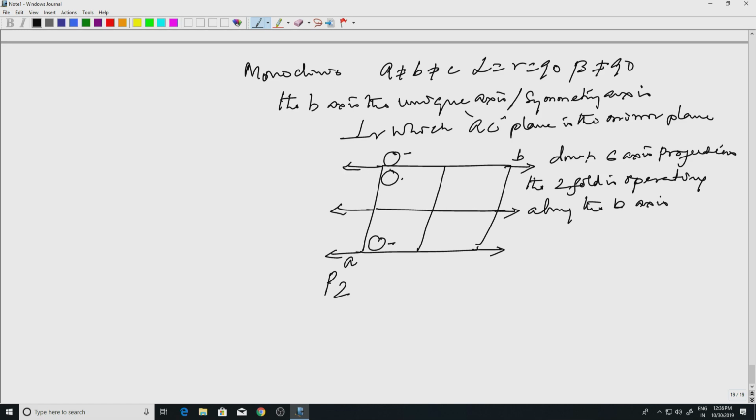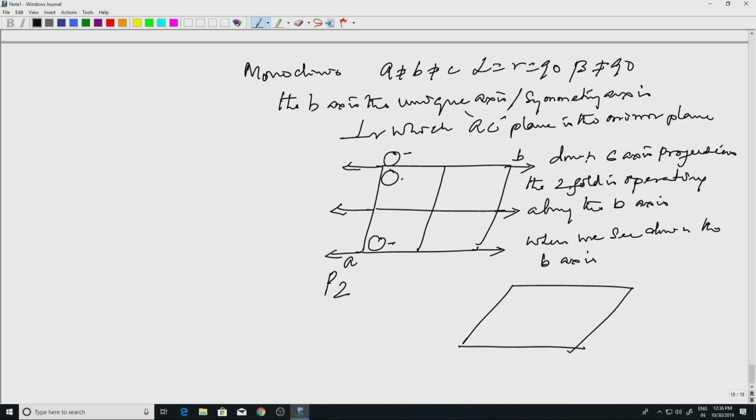Now we see down the B axis. Remember, C is perpendicular to AB plane or gamma is equal to 90. Here B is perpendicular to AC plane, beta is not equal to 90.